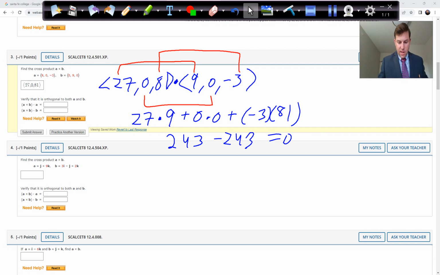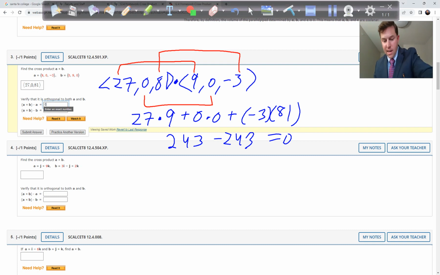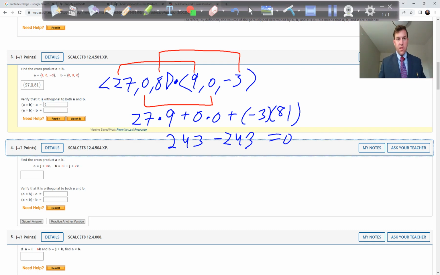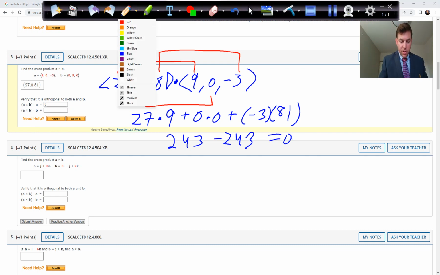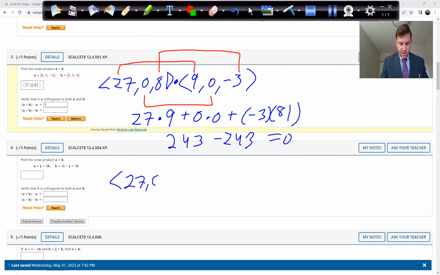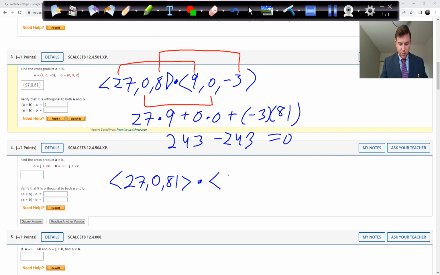So we can say that the cross product dotted with one of its constituent vectors is 0. I'll explain more why that is in a little bit. Let's try the second one. This says take A cross B, which is 27, 0, 81, dot that with the B vector, which was 0, 9, and 0.